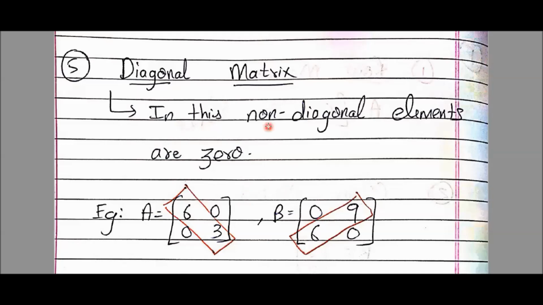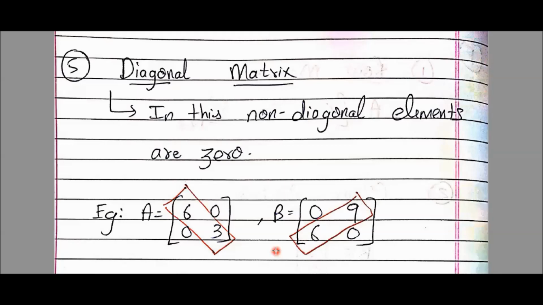In this, non-diagonal elements are 0. So here this and this are 0. Whenever these 2 elements are 0, then only this diagonal can be easily categorized. So when non-diagonal elements are 0, then we have a diagonal. Either the diagonal can be in this fashion or this fashion.